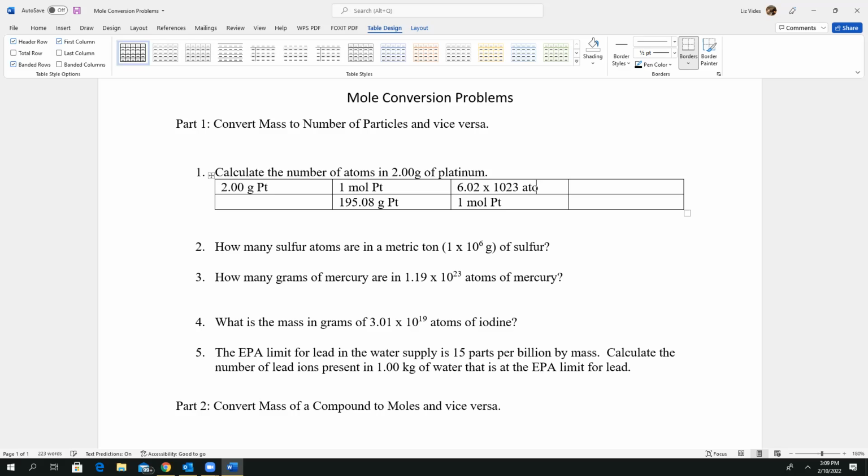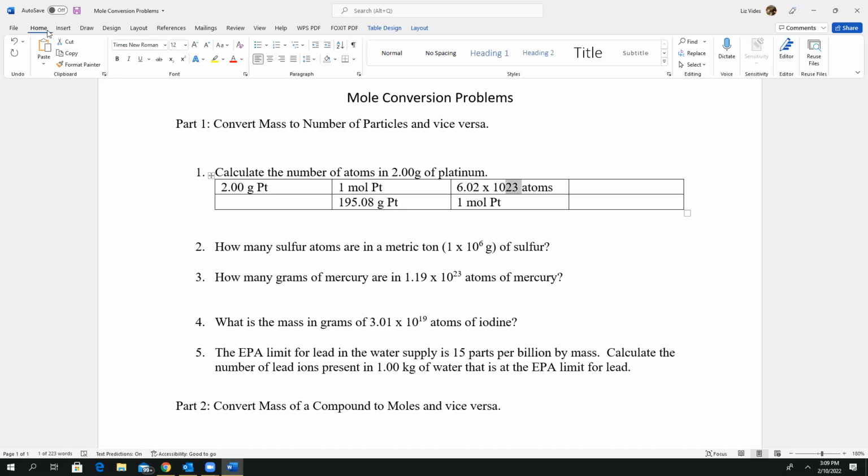We usually say particles, but that way it covers everybody. But this is very specific to atoms, so we'll do atoms. Okay, so that's what you would do, and then you would just multiply and or divide whatever needs to be divided, right? Or multiplied.